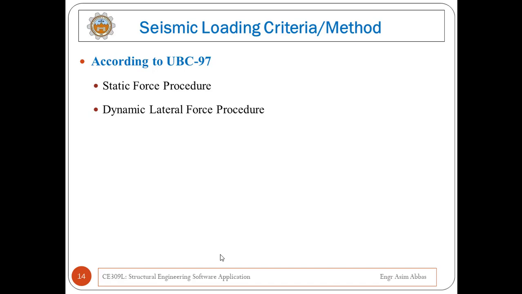Okay, now seismic loading criteria and methods. According to UBC 97, there are two methods to apply a seismic load on a structure. One is the static force procedure, and the second is the dynamic lateral force procedure. The dynamic lateral force procedure is further divided into two methods: time history analysis and response spectrum analysis.